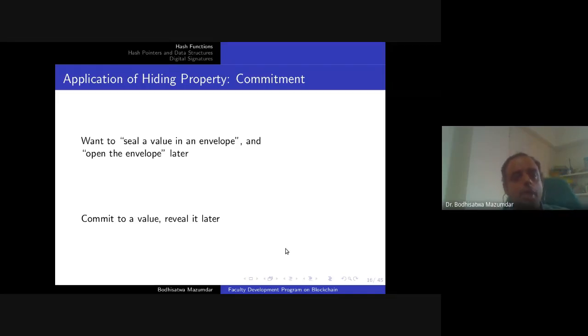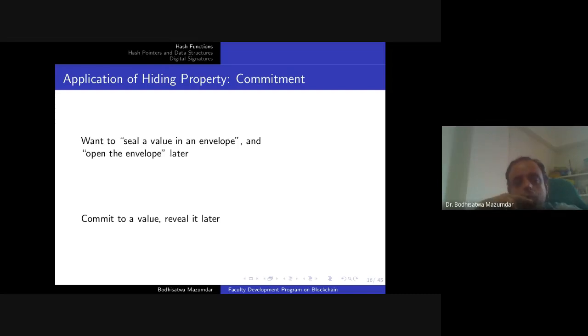Application of the hiding property. Here we see certain applications of this hiding property of a hash function. One such application is the commitment. Let us see an example.